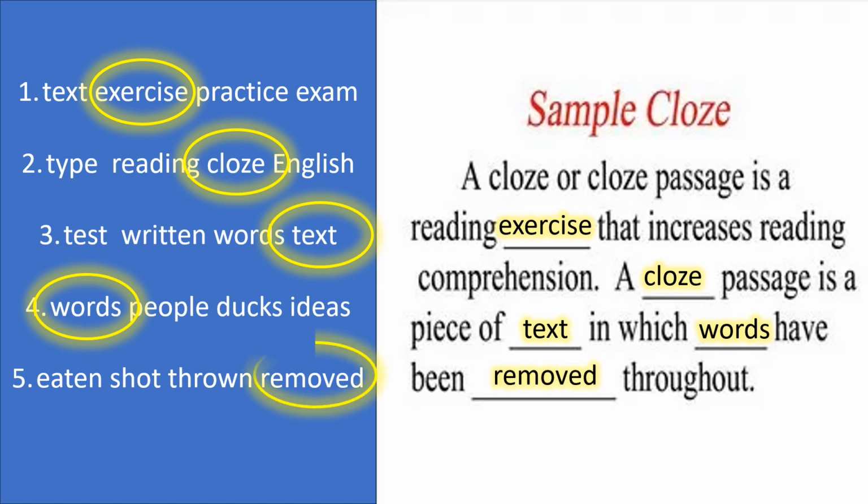They've been removed. They haven't been eaten, nor have the ducks been eaten, nor have the ducks been shot, nor have the people been shot, come to that. So there we go. That is what a close is. That's what the activity is.